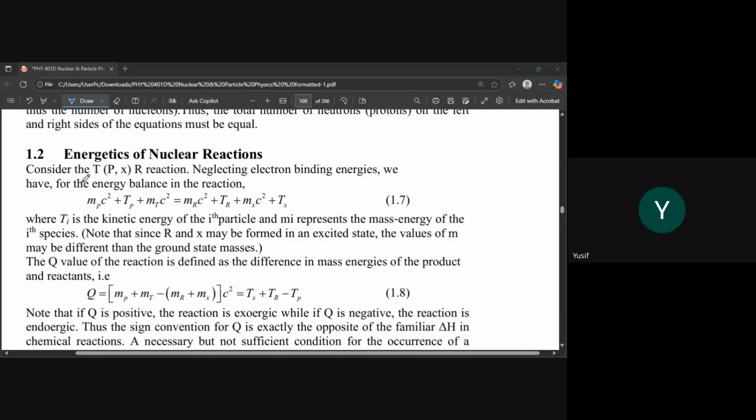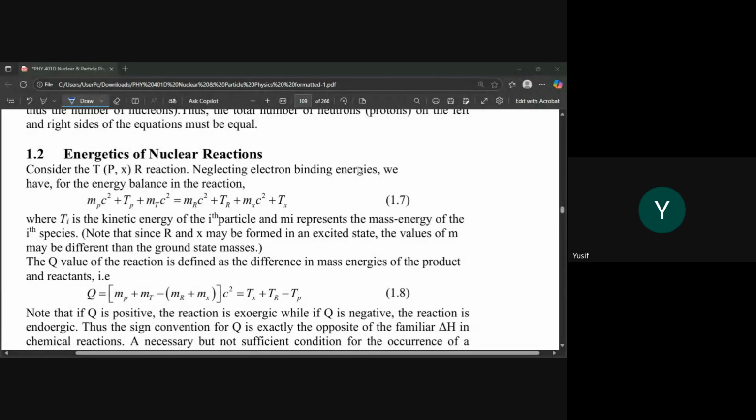As you know from the rest mass expressions, or from Einstein's energy for a particle, which is mass times the square of the speed of light, you find the mass or the energy of the individual atoms present in the nucleus, in the reaction.